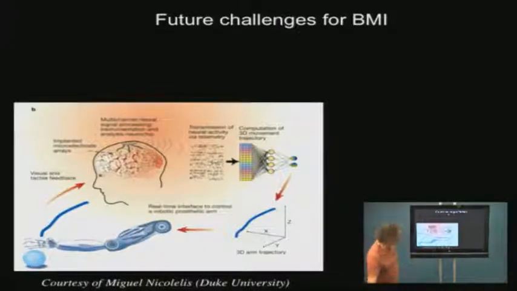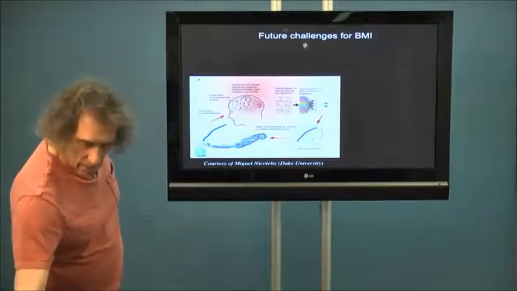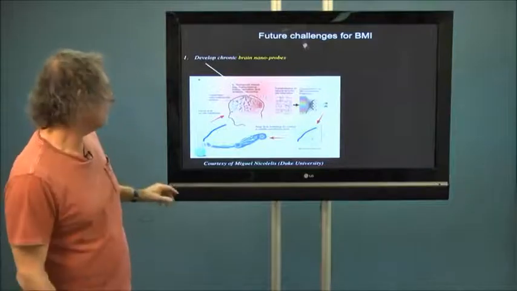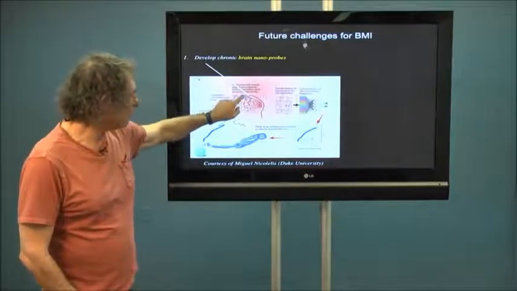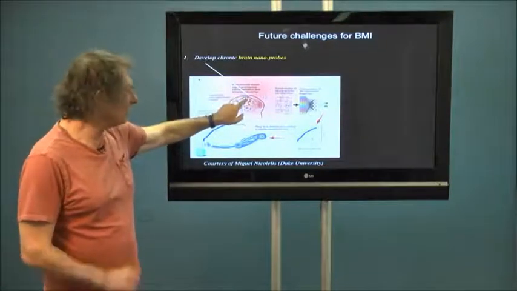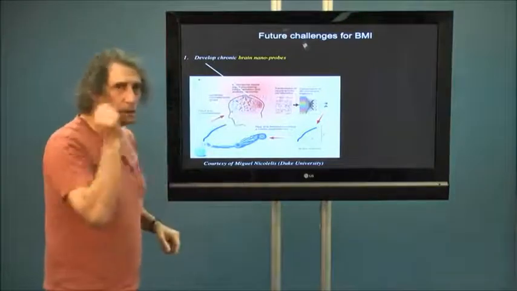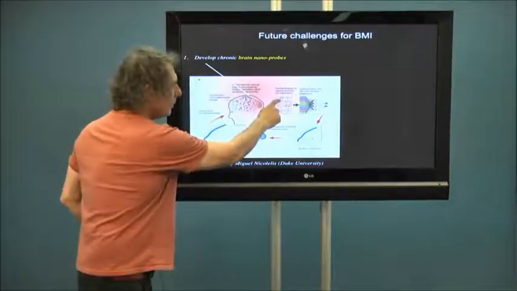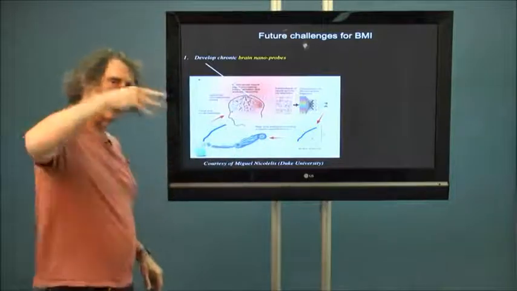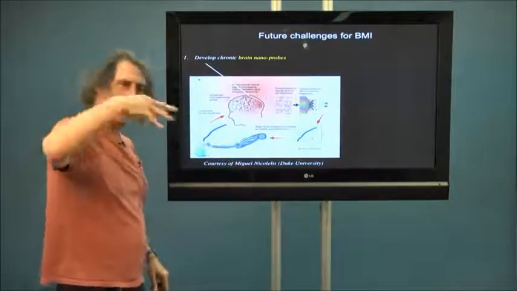So one challenge is to interact with the brain in a telemetric way. First of all, you want to put some kind of a chronic recorder or chronic probe that will listen, that will record the electrical activity of many, many cells. So you don't want to put wires and electrodes.